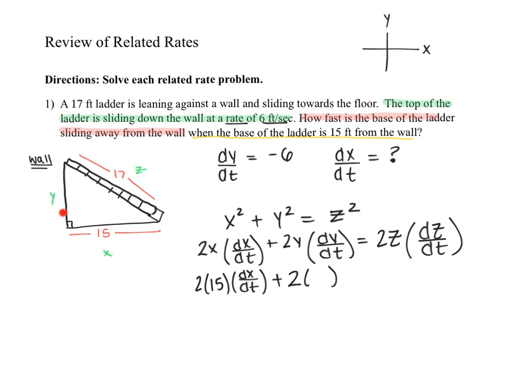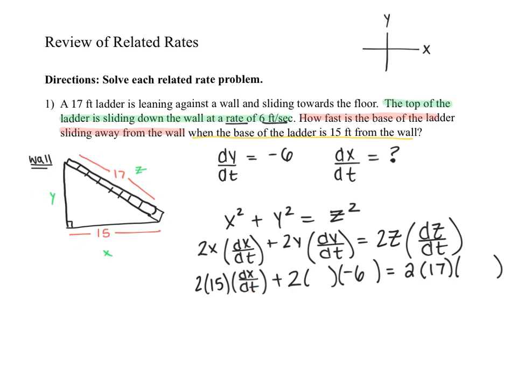The y value is unknown. Then I'm going to leave a blank space for that for now. Then we have dy dt, which is -6. So we can go ahead and plug that in. And we have z, which is the length of the ladder, which is 17. And we have two unknown values here which need to be filled in, because this is the value that we want to find. So we can actually go ahead and find y.